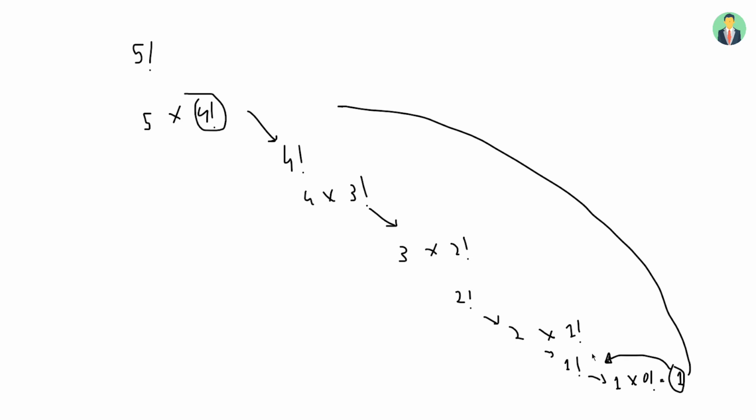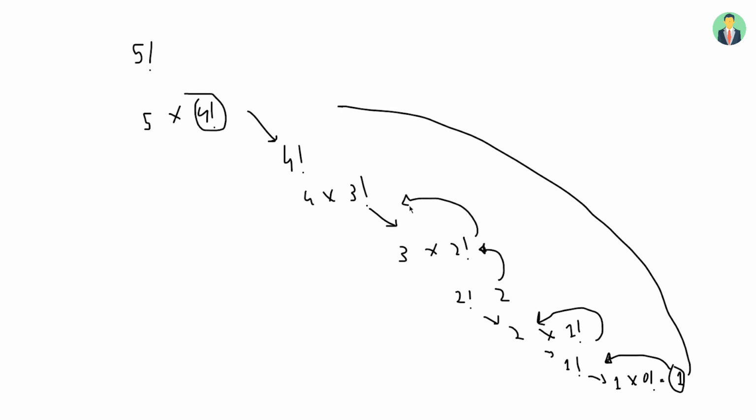So it says, 1 into 1 is 1, so I'll return that here. Okay, so 1 factorial is 1. It returns 2, and then 2 goes here. It says, okay, so 2 factorial is 2. And 3 factorial should be 6 because 3 into 2 is 6.